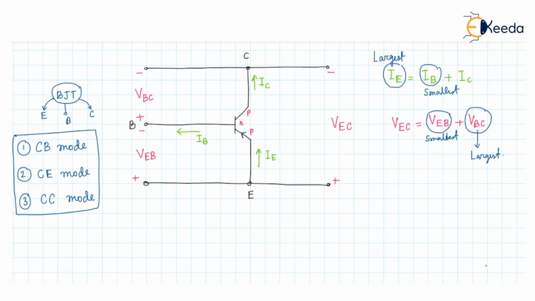So let us discuss the common base mode. In the common base mode of operation, let us take it is a black box and it is a transistor, bipolar junction transistor, in the common base connection.